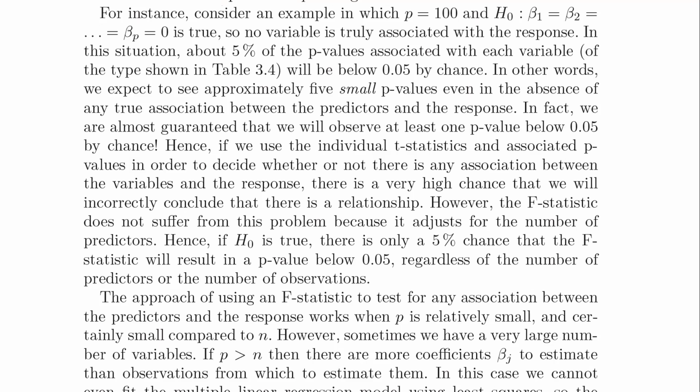For instance, consider an example where p is 100. So that's the full extent of your data. You have your response variable y, and for each observation, not only do you have the y, but you have 100 characteristics. You've measured them, right? 100 characteristics for each observation.